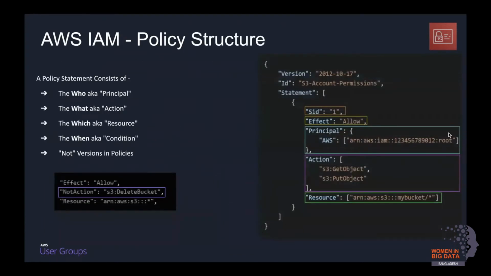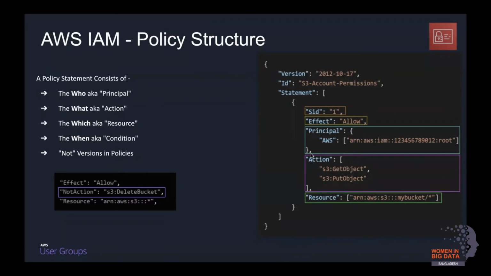You can think of it as an identity, like any person who's a root user becomes an identity. Action is the kind of action you want to do on a particular service. AWS is a service, and this is a particular action you can do on this particular resource. So this becomes more of a condition.